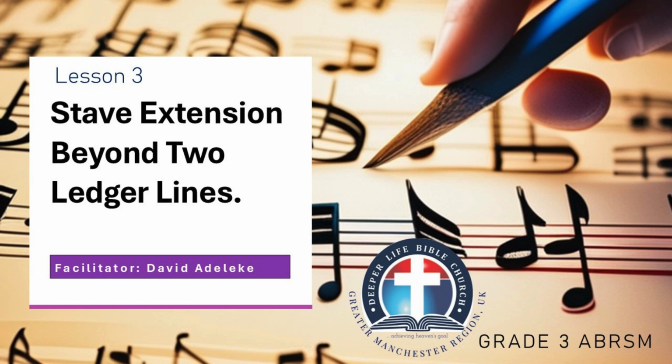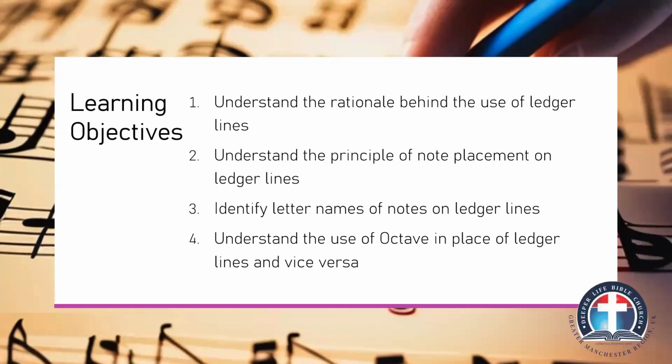Let's quickly jump onto our LOs for this class, which are the learning objectives of this class. One, to understand the rationale behind the use of ledger lines. Two, to understand the principle of note placements on ledger lines.